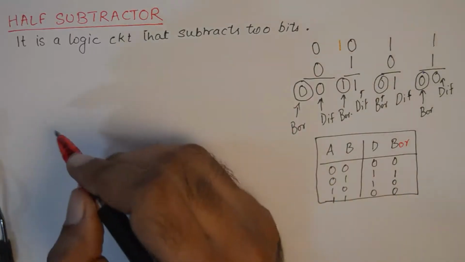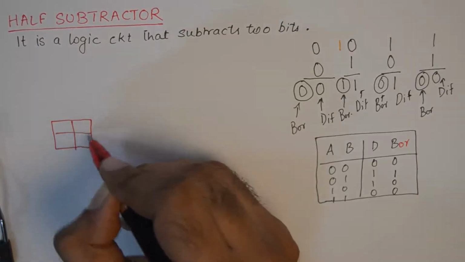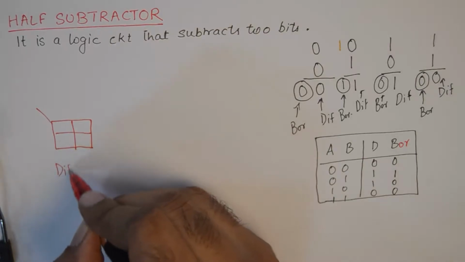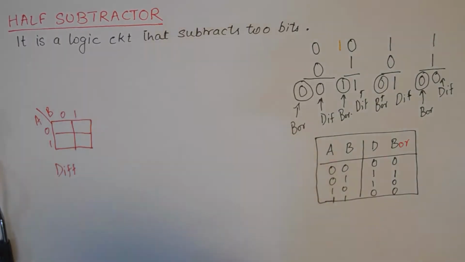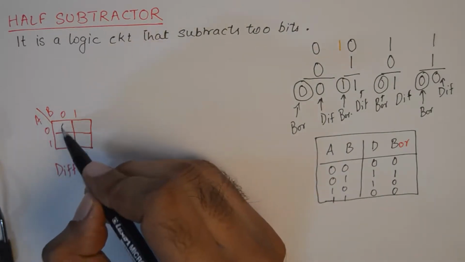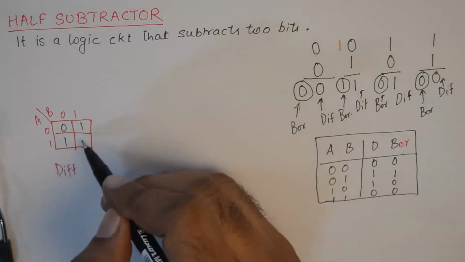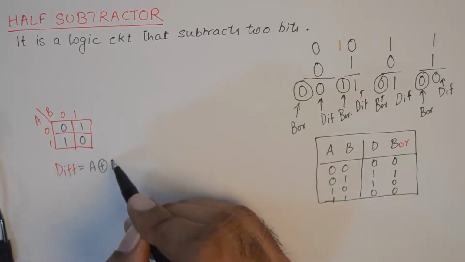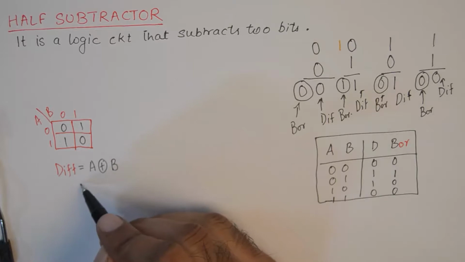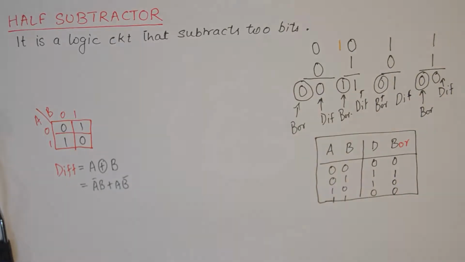So what we'll do is we'll make K-maps for both difference and borrow. So for difference, A and B are two inputs. At 00 the difference is 0, at 01 the difference is 1, at 10 the difference is 1, at 11 the difference is 0. So the expression for difference would become A XOR B, and the expanded expression is A bar B plus A B bar.